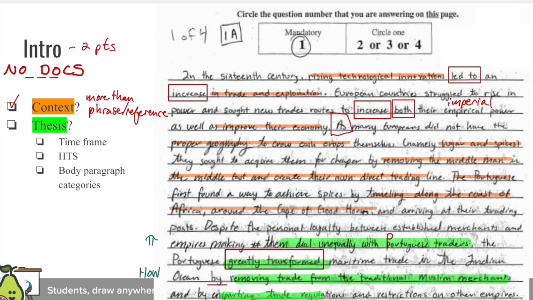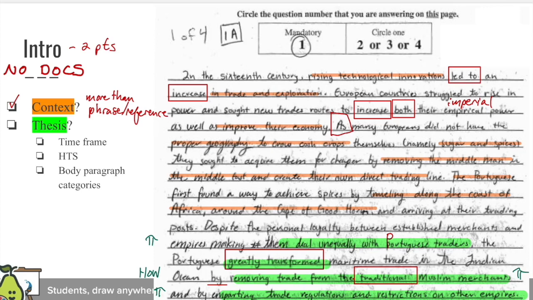And that is your body paragraph categories. So number 1, how did they do it? By removing trade from the traditional Muslim merchants. So I know that this is going to be body paragraph number 1. Documents and evidence showing the Portuguese removing trade or taking over trade from the Muslims.